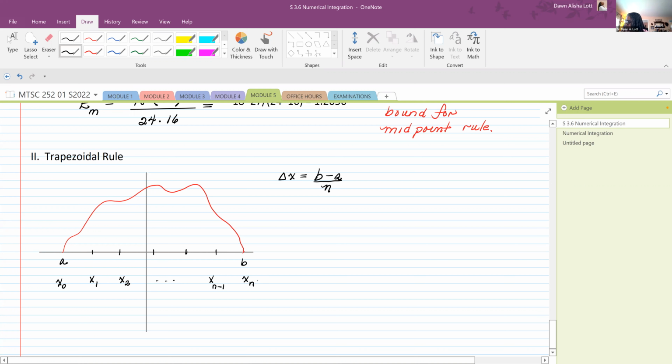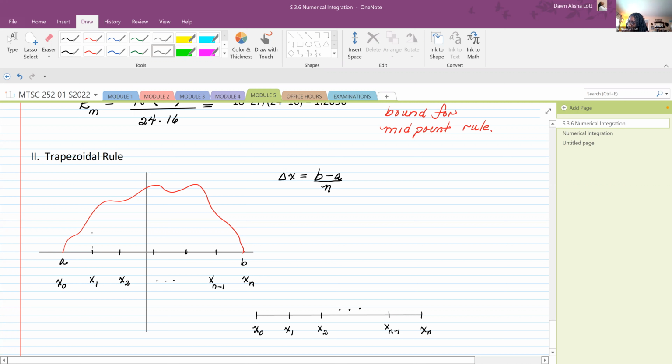Okay, so the difference with this one is now when we divide it up, the first value is x0, this is x1, x2, all the ones in between, xn minus 1, and then xn is the last one.